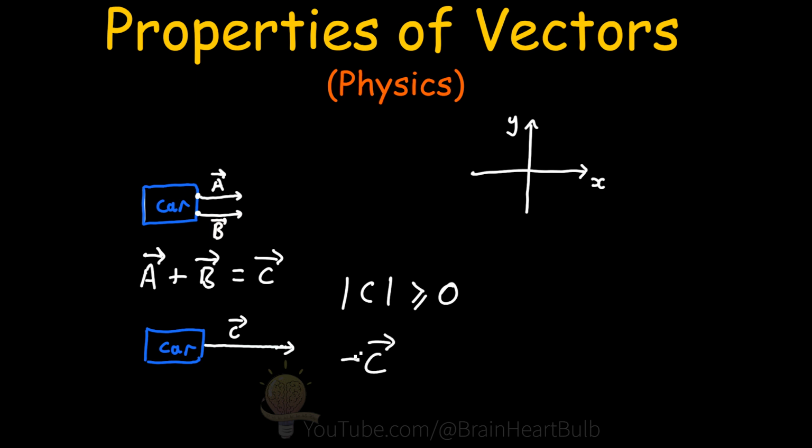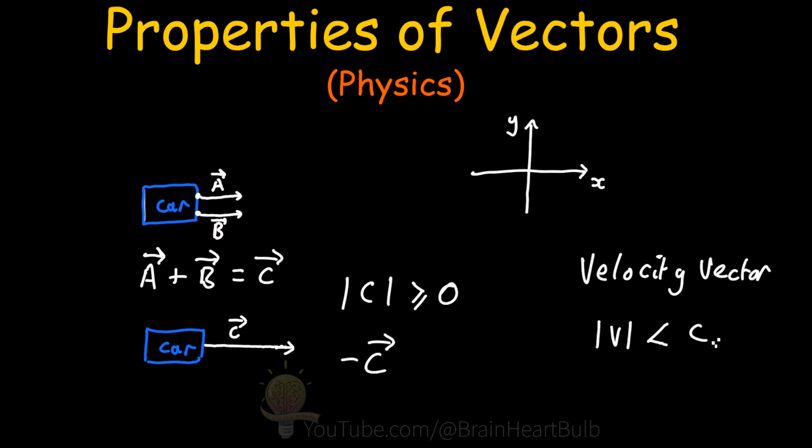But the size of our vector will range between 0 and upwards towards the limits that nature allows. And this will depend on the type of vector we're talking about. So, for example, if we're looking at a velocity vector's magnitude, it cannot be above the speed of light. But a displacement vector could have the size of the observable universe.